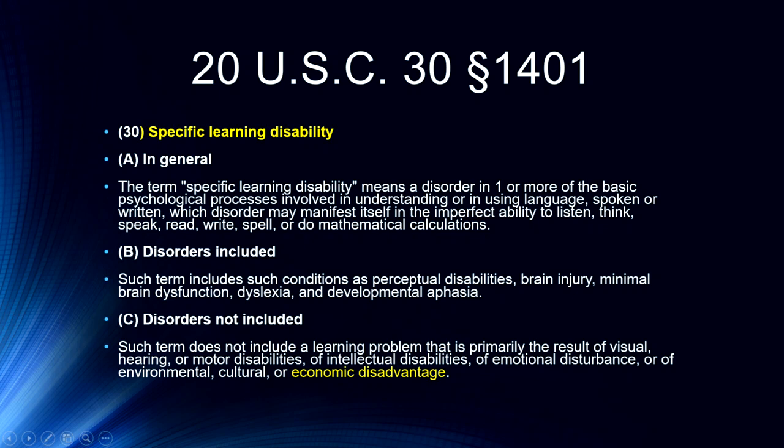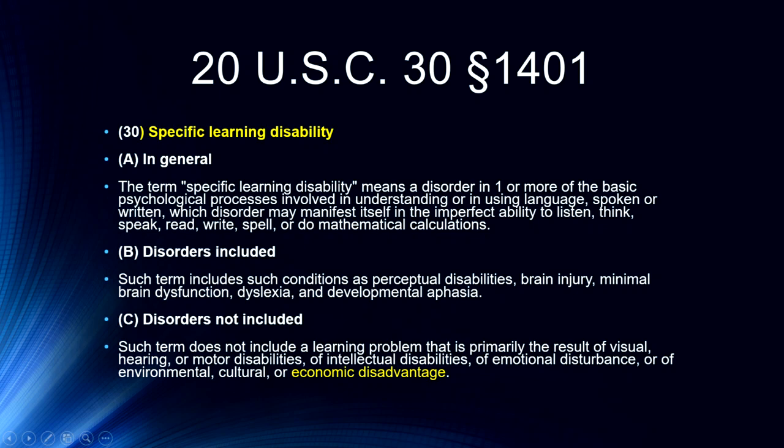Really, they're talking about things like, as it says down here, dyslexia, perceptual abilities, traumatic brain injury from concussion, developmental aphasia, other developmental difficulties. I suppose somebody with developmental prosopagnosia, which is an inability to recognize faces, would fall in here somewhere. Acalculia would certainly fall in that, which is an inability to do math.